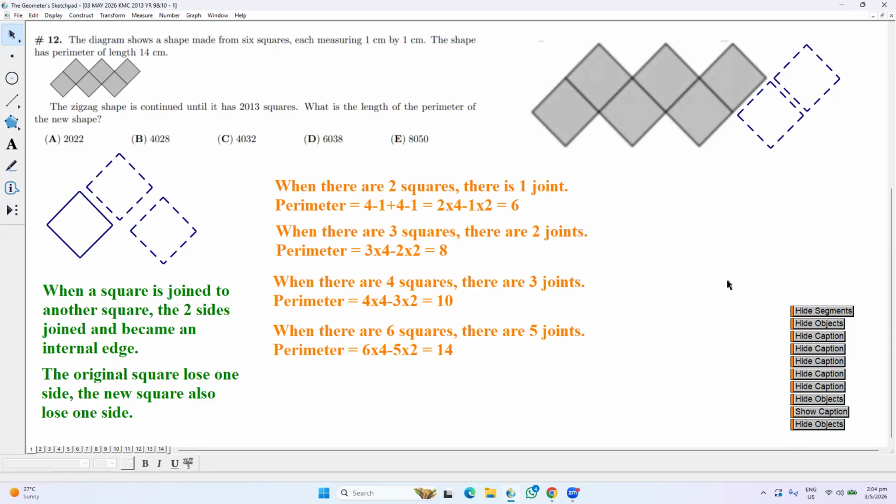So now, if we are forming the zigzag, we add the squares one by one. Every time we add a square, we have a new joint, one extra joint. So the new square adds 4 sides, but minus 2 sides.